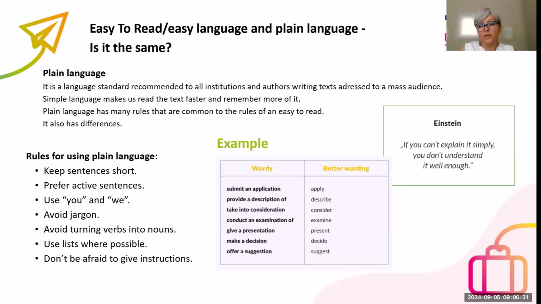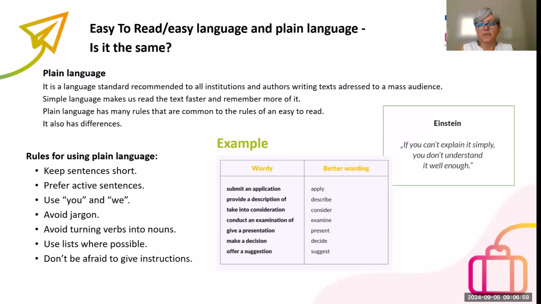Because as you all know, and I'm sure each of you has experienced it, some texts, some very formal ones prepared by lawyers, doctors, different kinds of specialists, are difficult for us to understand. And now it is obligatory for most of the institutions to prepare the text in a plain form to make it accessible and understandable for us.